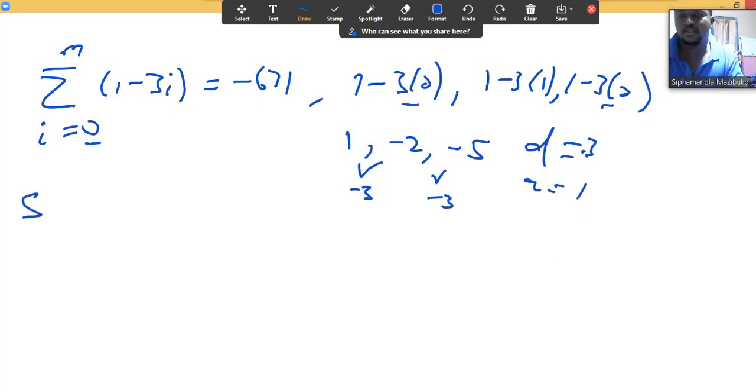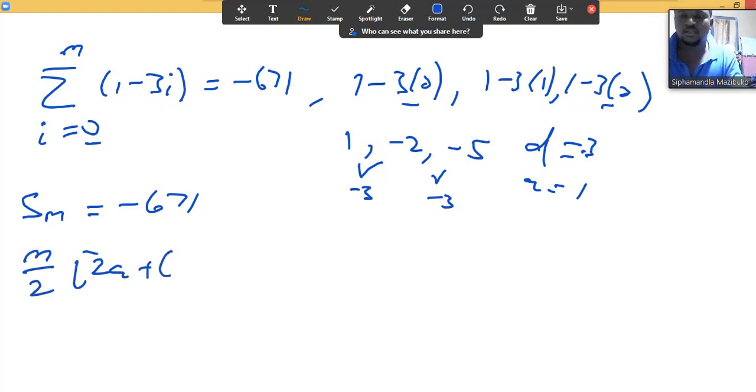We're looking at the summation equal to minus 671, and we know the sum is nothing but n over 2 into 2a plus n minus 1 d. So this is equal to minus 671.